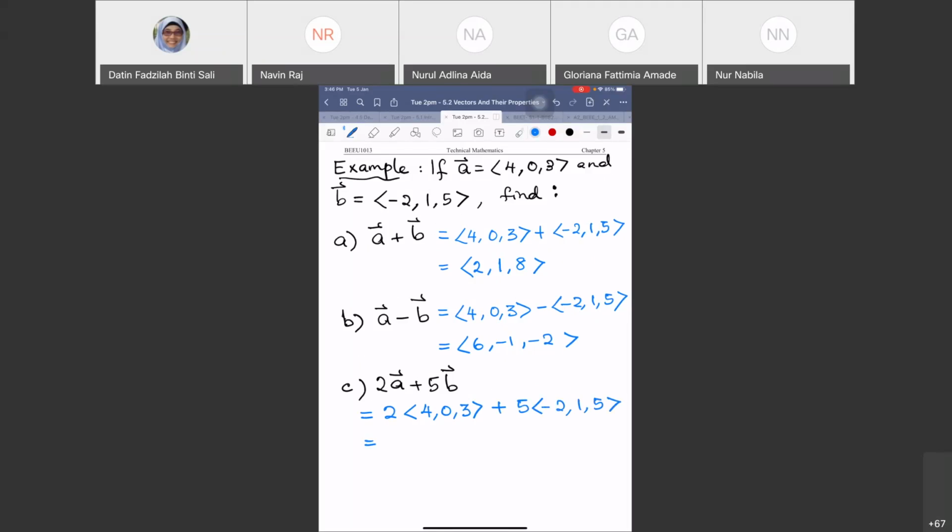You multiply 2 to each of the components, so 8, 0, 6. And then 5 you multiply by the B components, so minus 10, 5, 25. Then only you add accordingly: 8 plus minus 10, 0 plus 5, and then 6 plus 25.